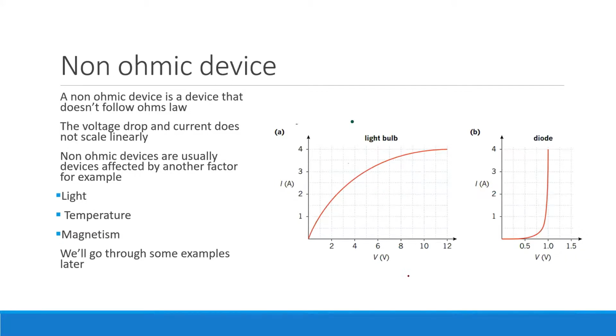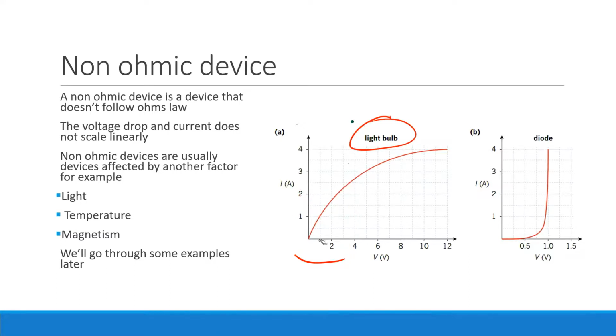In an ohmic resistor, the current stays linear with voltage, but in some devices, they don't stay linear. An example is a light bulb. You might not be aware of it, but a light bulb is actually technically a non-ohmic device. We usually say a light bulb is an ohmic device, but what we would do is look at this part and say, yeah, it looks pretty much like a straight line.